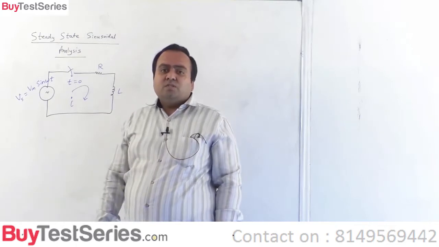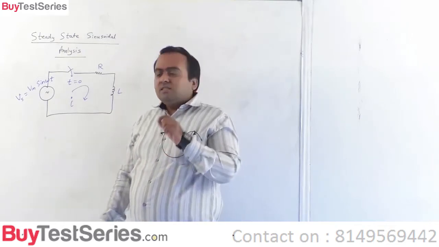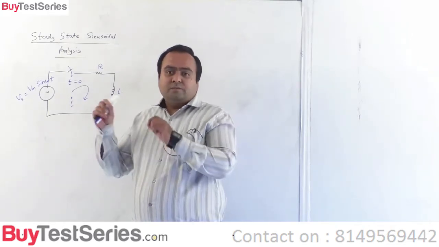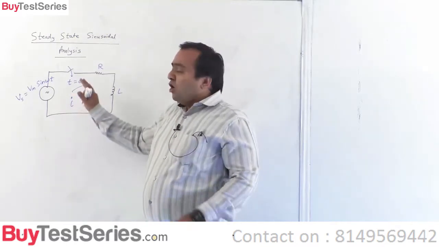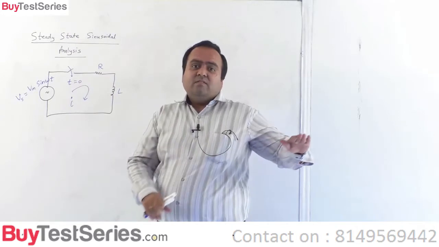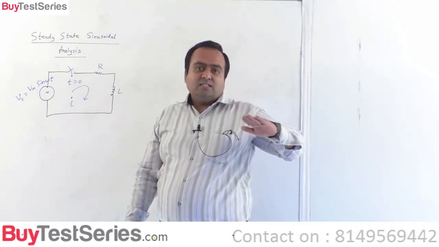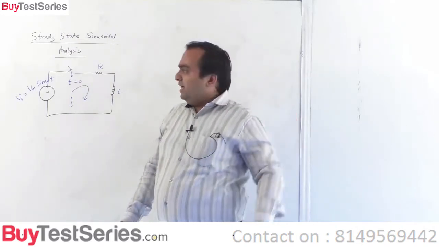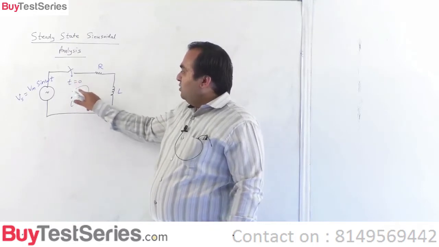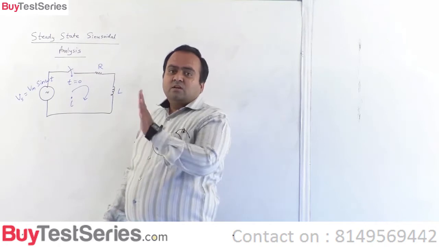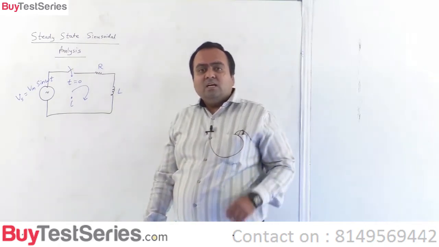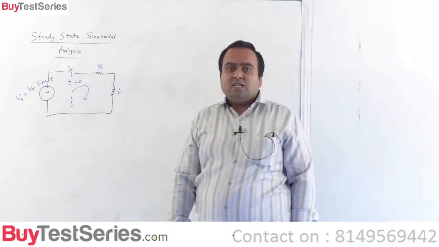Once this current comes to a steady state, then this current will be a pure sinusoid. So what is the meaning of the steady state? That all the transients in the system have died out. All the transients have simply gone, and we have to analyze this circuit once 4 time constants have passed, and then the analysis will start.